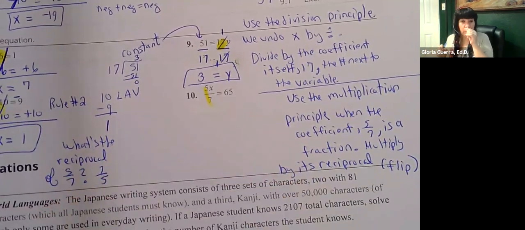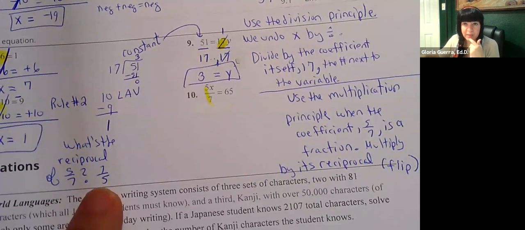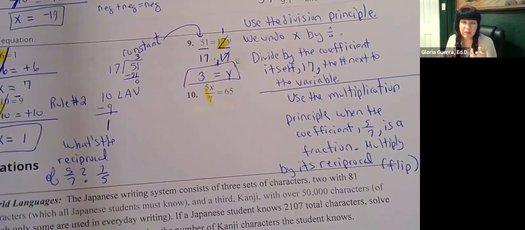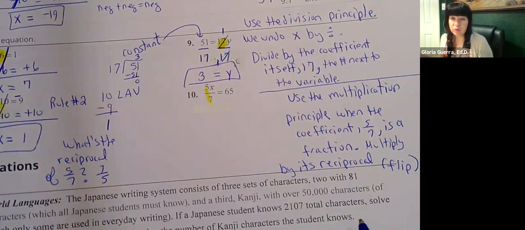We didn't say take the opposite. So don't say -7/5, because then you're doing something extra. You're flipping it and taking the opposite. We just said multiply by its reciprocal. So the reciprocal of 5 sevenths is 7/5.